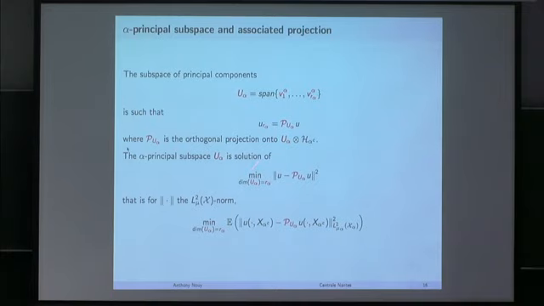In the L2 setting, a probabilistic interpretation of what you see here is that you minimize over all subspaces the expectation of the square of the distance between partial samples of your function. You see here, I evaluate U for some sample of x alpha complementary. This is a function of a group of variables.